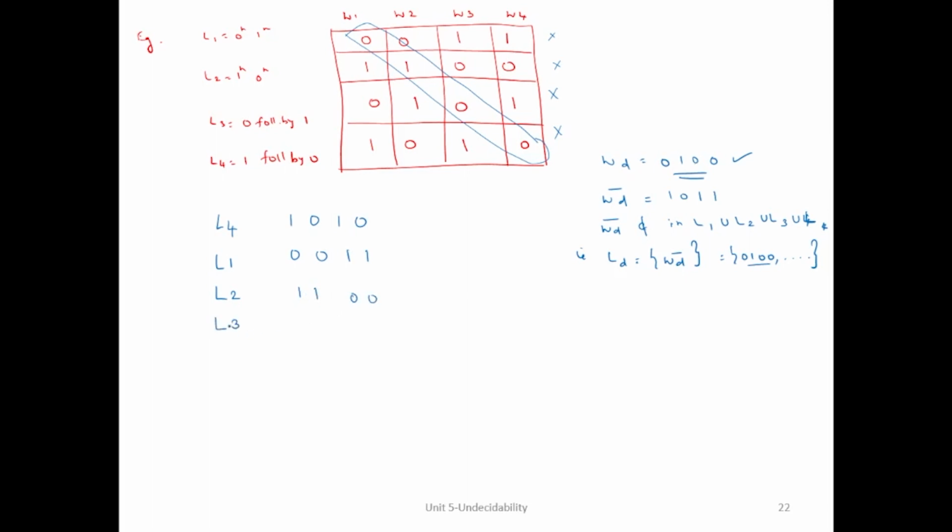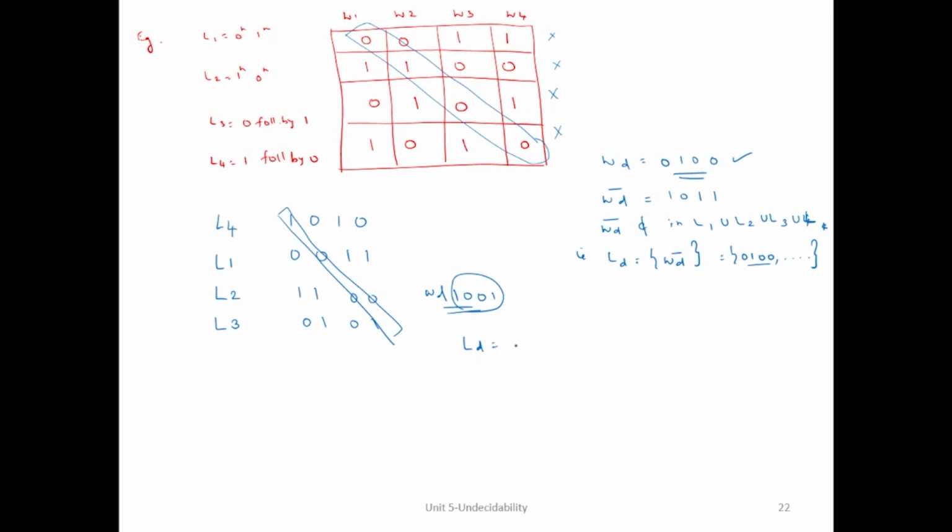And last I write the L3 value, which is 0101. Consider the diagonal value. The diagonal value is 1001. So it is WD. Just check this 1001. It is not available in these 4 languages. So LD contains this value.